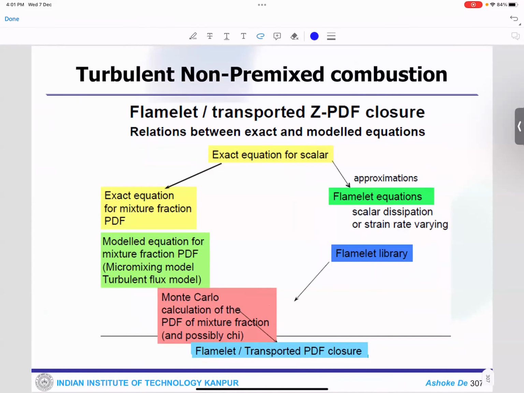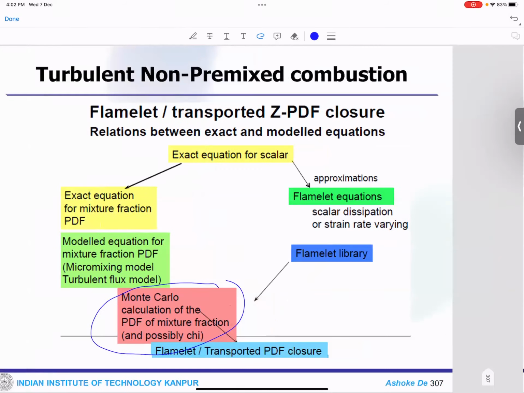But there are also approaches where you can have a flamelet transported PDF kind of closure, using a Monte Carlo based approach where you solve the transported PDF closure with some pre-computed library. So it's a hybrid approach where, instead of solving everything in a Lagrangian framework, you merge some of the pre-computed library with it. That becomes handy in situations where the computational effort could be high.